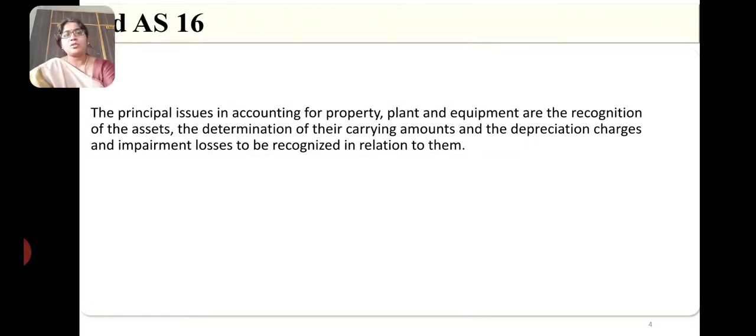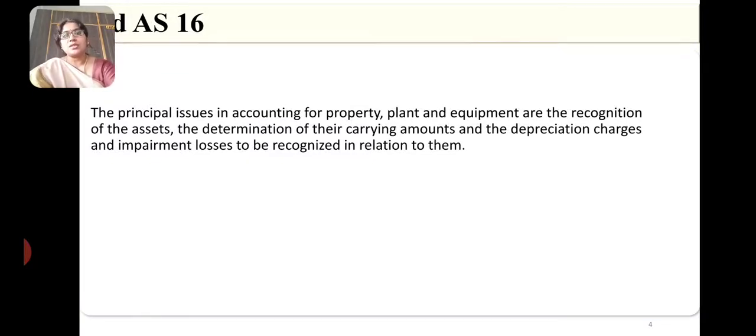When we acquire or purchase property, plant and equipment, we have to record it. Since they are non-current assets, they have to be recorded in the books of account, depreciated by a particular method, and shown in the books of account until the asset is sold.